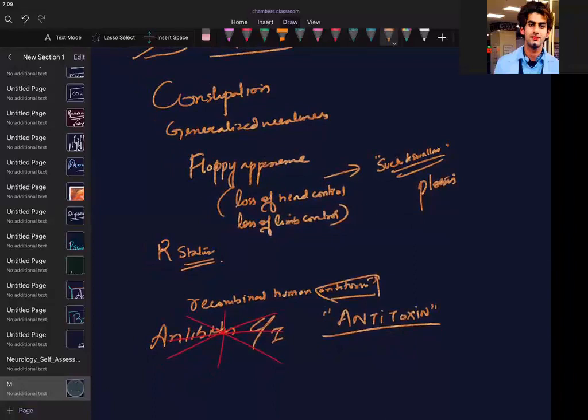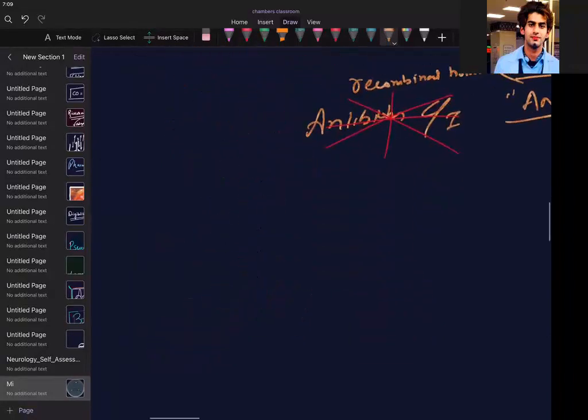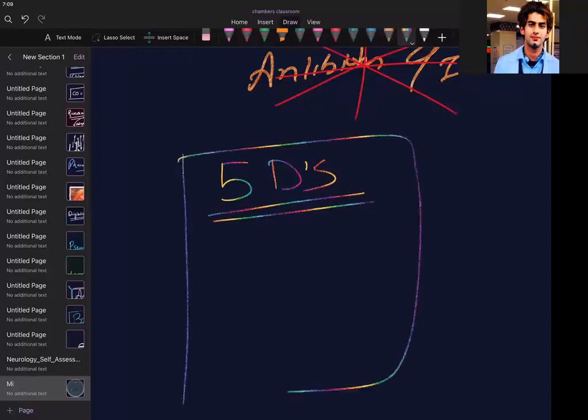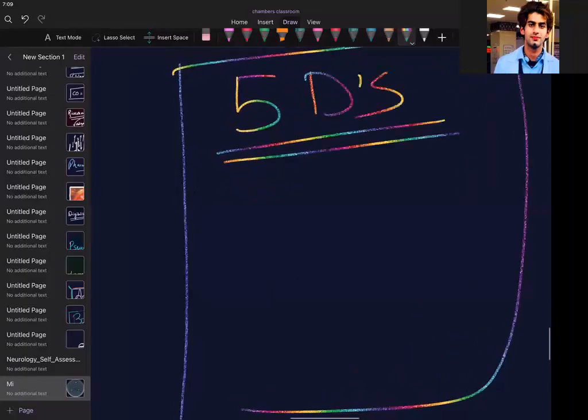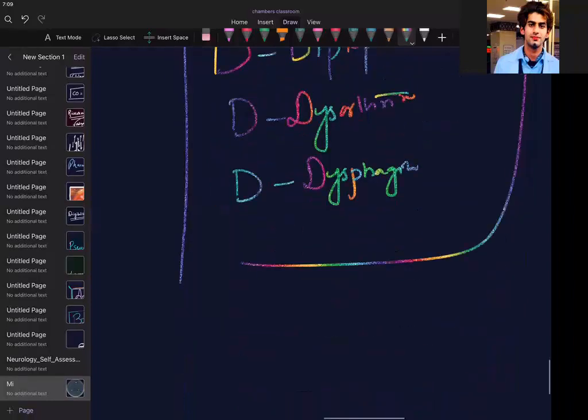If someone asks you for the 5 features, we remember 5 D's about botulism. 5 D's, 5 symptoms. D for diplopia. D for dysarthria. D for dysphagia, that means he can't swallow.